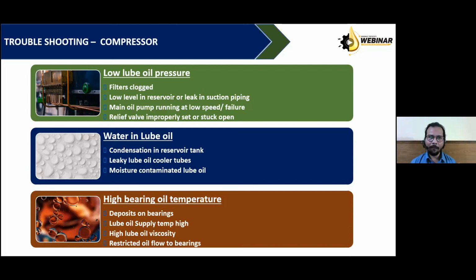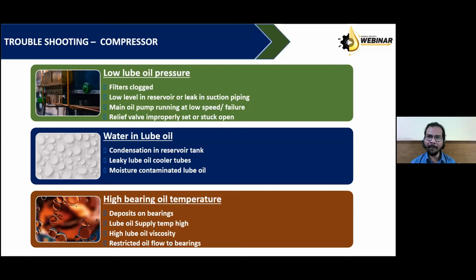Then, since oil has a tendency to carry over with air, the tank level will always tend to come down. We should monitor the tank oil level in every shift or at least once in a day.